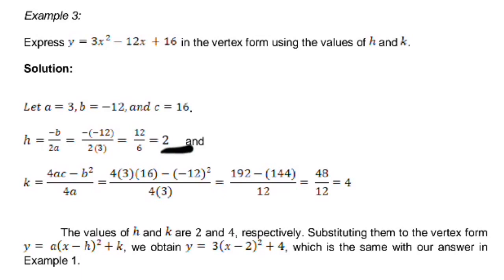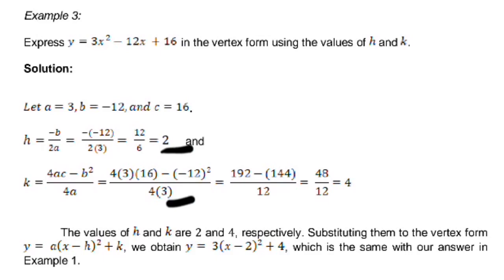Then solving for k, you have 4ac minus b squared over 4a. So 4 times a, which is 3, times c, which is 16, so 4 times 3 times 16, minus b squared, where b is negative 12, so negative 12 squared, over 4 times the value of a, which is 3. 4 times 3 times 16 is 192.